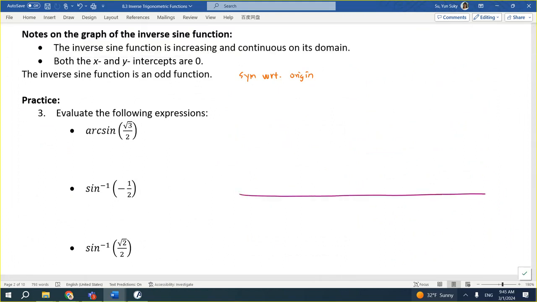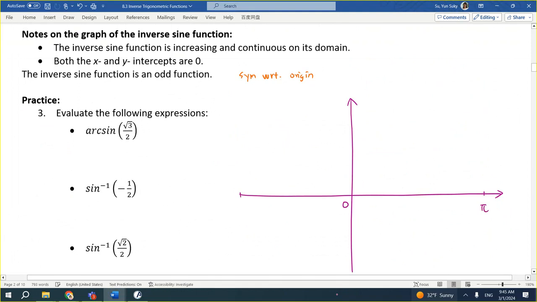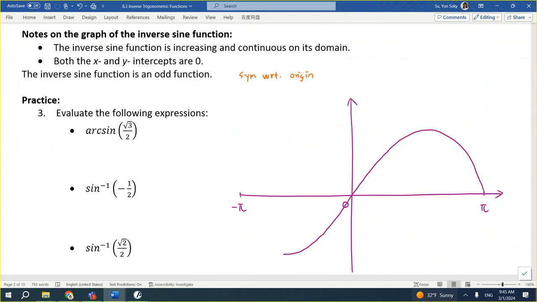So draw a big picture of the sine. Let's say here is pi, here is 0, here is negative pi. And then we go up and down. Oops, sorry, let me draw better. Go up and down. And then this is negative pi over 2, this is pi over 2, that is 1 and negative 1.